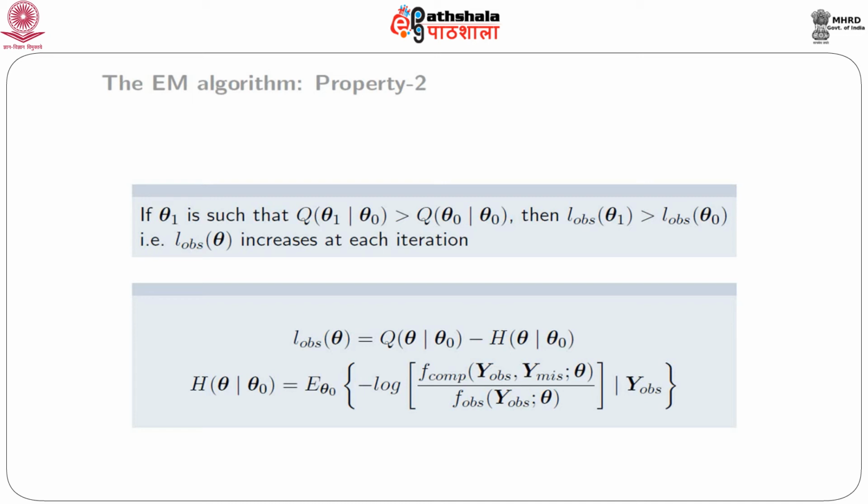Now, to prove that, let us write the log likelihood of the observed value of theta as q theta given theta naught minus h theta given theta naught, where h theta given theta naught is the expectation under theta of the log of the likelihood of the complete data divided by the likelihood of the observed data, conditional on the observed data.